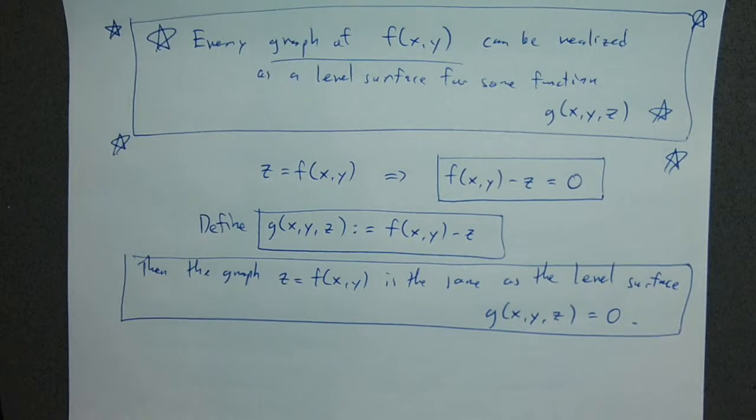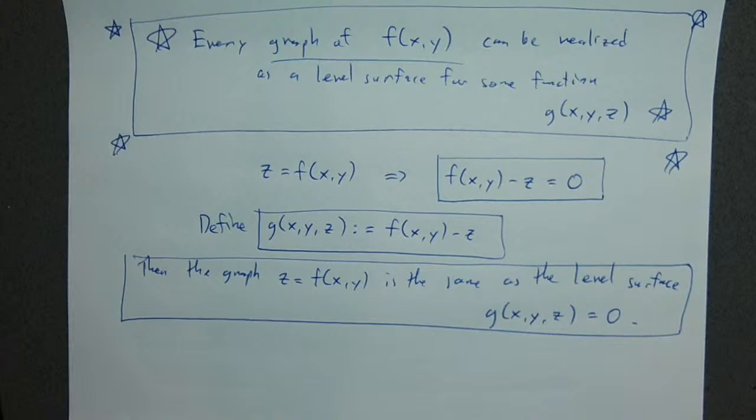And so every graph of a function of two variables can be realized as a level surface of a function of three variables. Just like every curve that I had encountered in Calc 1 or Calc 2 that's a function of a single variable could be thought of as a particular level curve for some function of two variables.